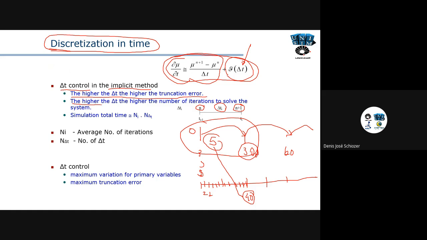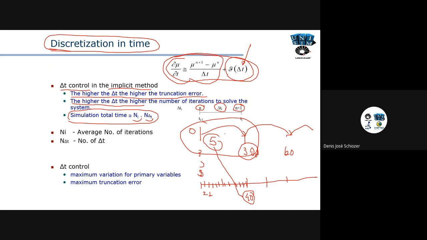And also, if the time step is higher, the number of iterations is higher, as I'm telling, because the solution changes a lot from 0 to 30 days. So I'm going to take more iterations. So at the end, the total simulation time is not the number of time steps, but the number of time steps times the number of iterations per time step.